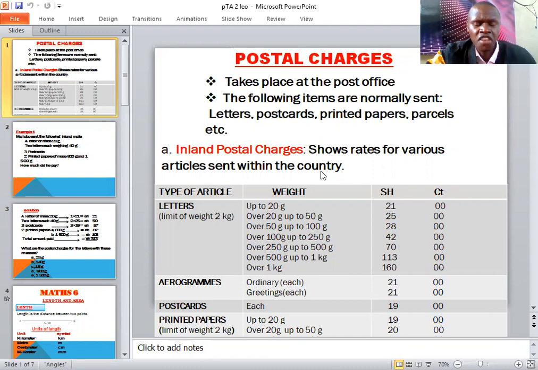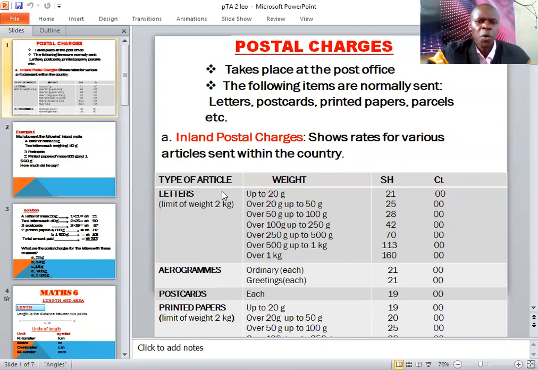That means if you send an item, let's say from Nairobi to Mombasa, we call it inland postal charges. We have a number 2 way of sending items, which we shall learn in our next session. Let us base on inland postal charges that take place within our country.